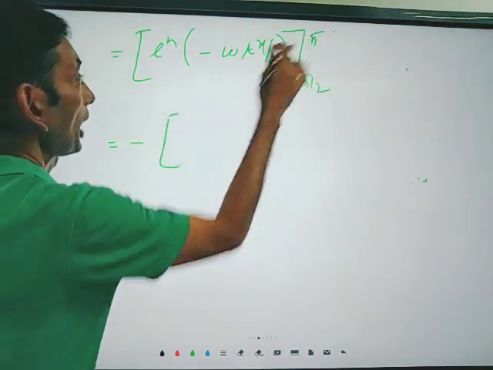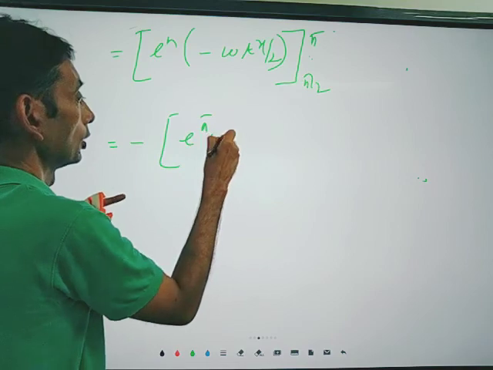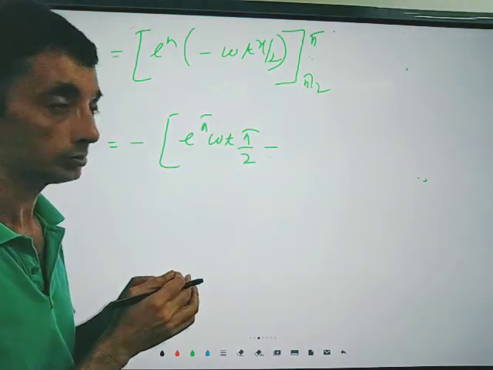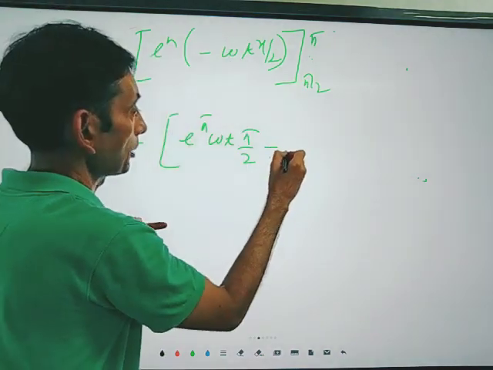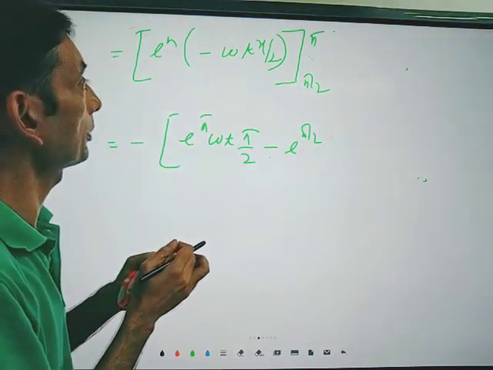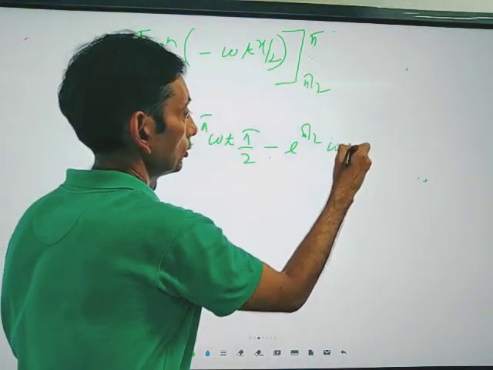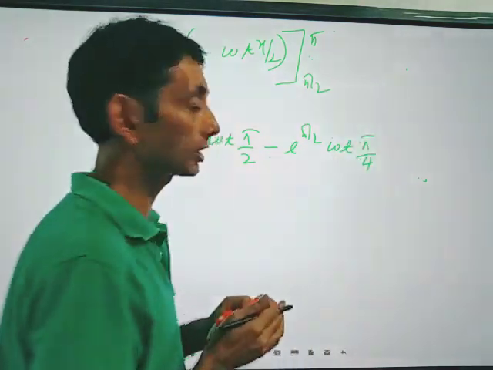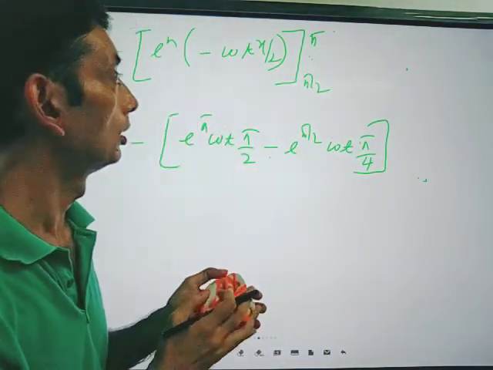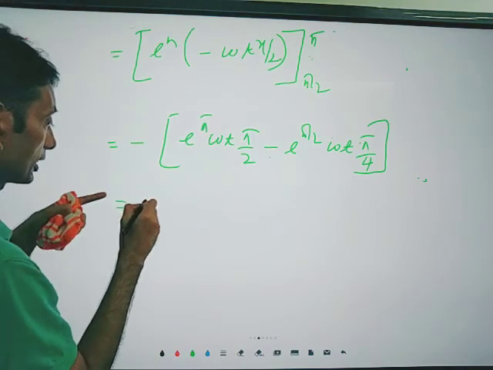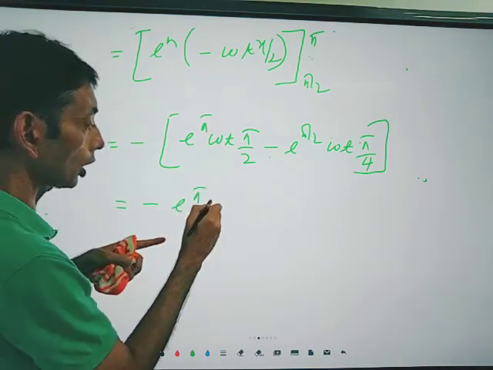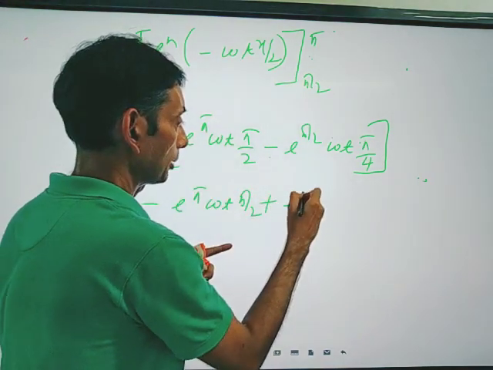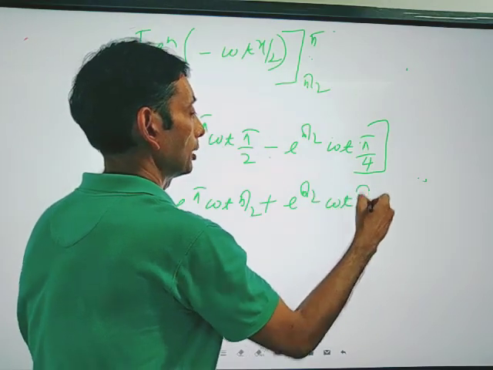If we substitute pi, this is e to the power pi cot pi by 2, minus, we'll substitute e to the power pi by 2, and cot, in place of x if you substitute pi by 2, it becomes cot pi by 4. So this is minus e to the power pi cot pi by 2, and it will be plus e to the power pi by 2 cot pi by 4.